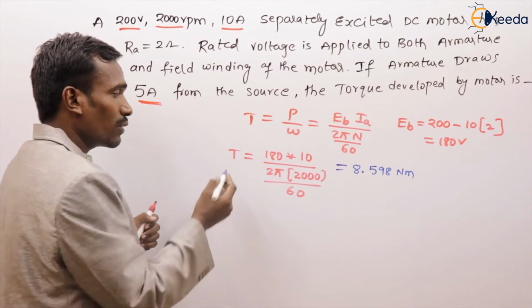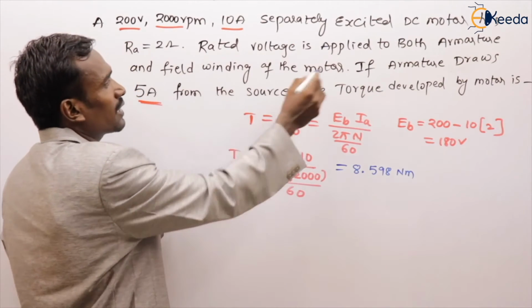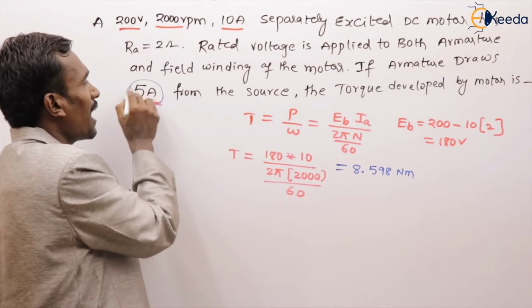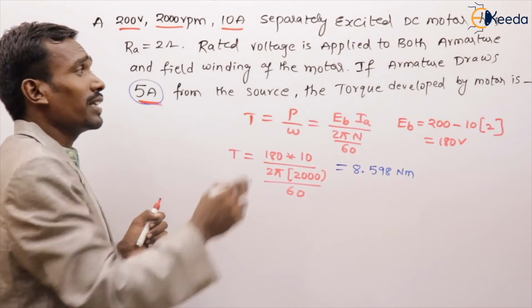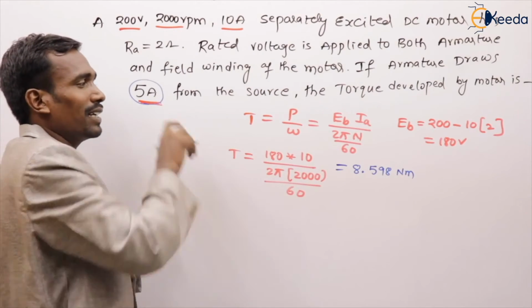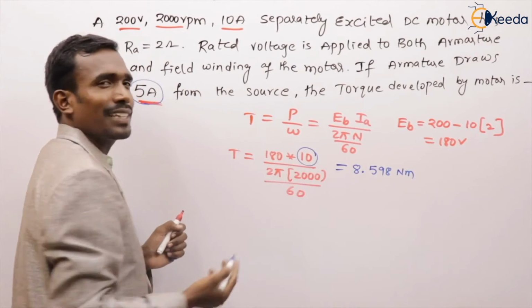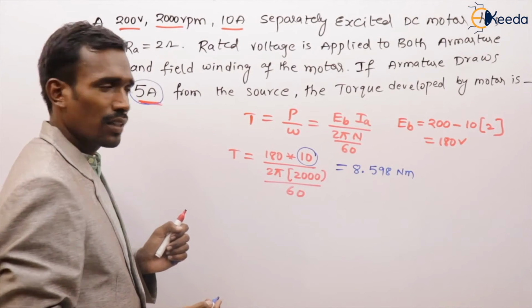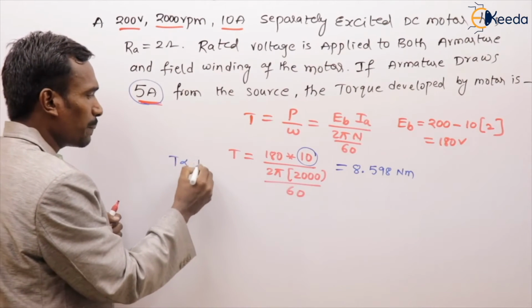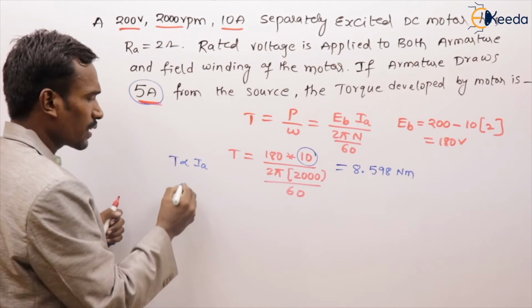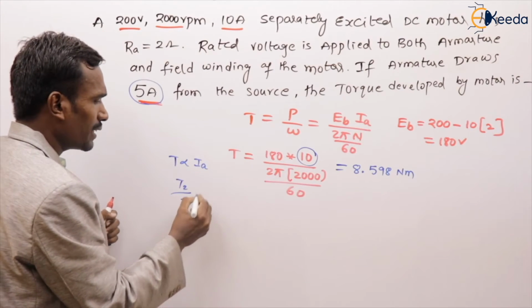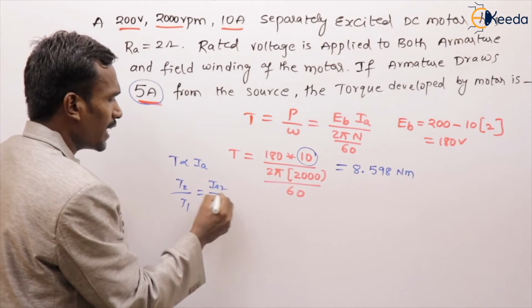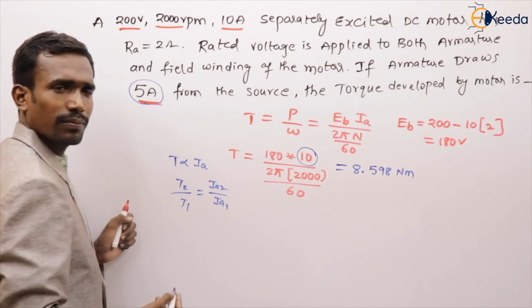Why? Actually, they want the torque at 5 amperes, but I calculated at 10 amperes. We know torque is directly proportional to IA. T2 by T1 is equal to IA2 by IA1.